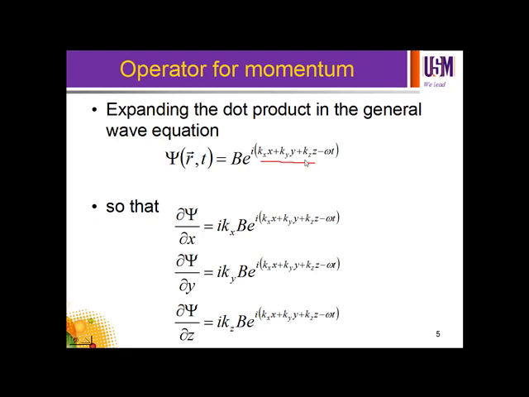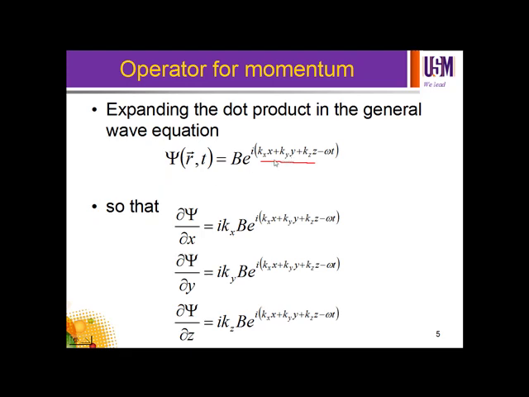So when you dot product vector K and vector R, this is what you get: i in the bracket, kx multiplied by x, plus ky multiplied by y, plus kz multiplied by z. And of course, omega t, time, has no x, y or z component.